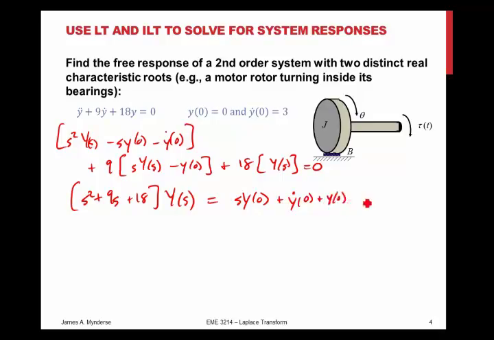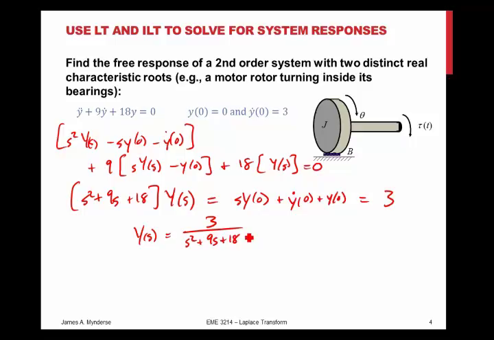And we know that the y of 0 terms are going to go to 0, and the y dot term is going to go to 3, so the only thing left is going to be 3. So I can say y of s is equal to 3 over s squared plus 9s plus 18.